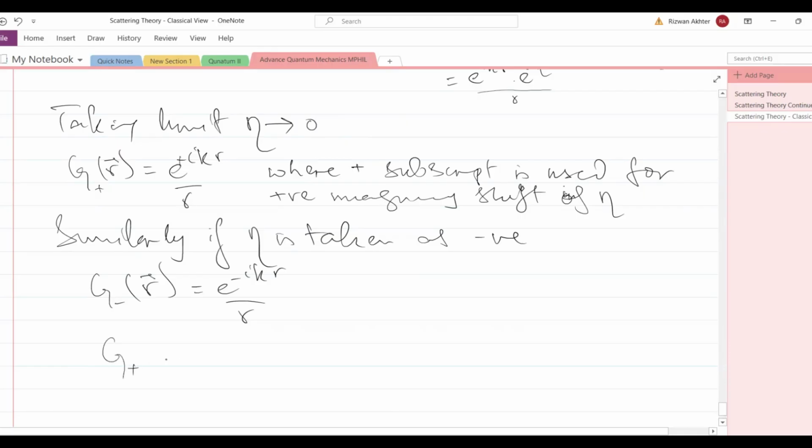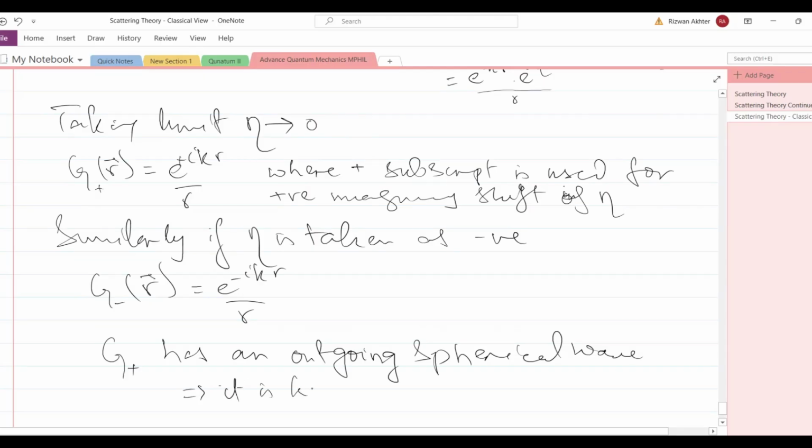G plus is called an outgoing spherical wave, and in terms of Green's function analysis, it is known as retarded Green's function. It is called retarded because as we go away from the scattering center, the amplitude of this scattered wave is decreasing, so it is retarded Green's function.